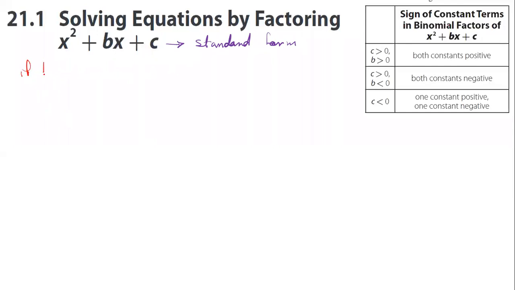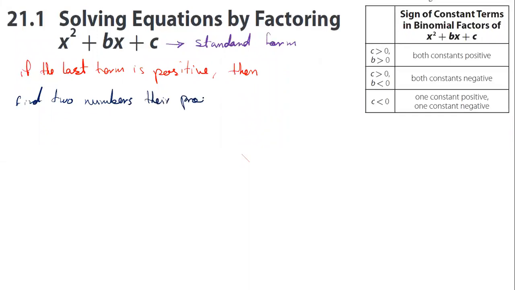If the last term is positive, then we have to find two numbers, their product is C, and their sum is B. What is C?